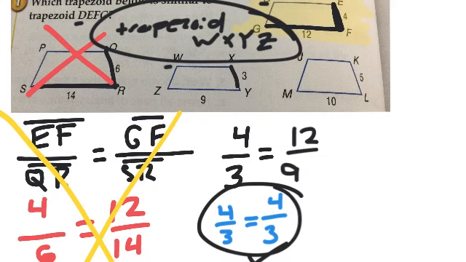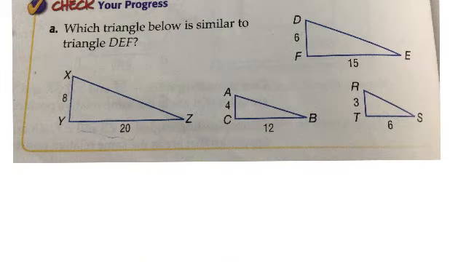Any questions there? Okay, so I'll do this one too then. If I look at the triangle DEF, the two side lengths I know are side DF and side FE, or side EF.